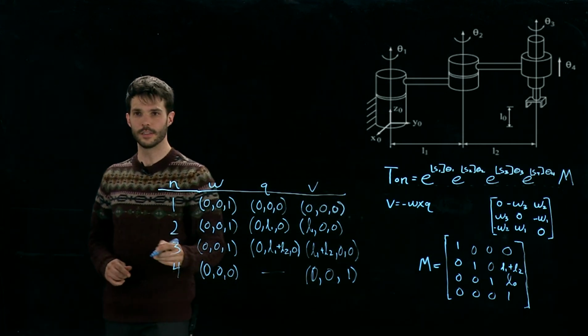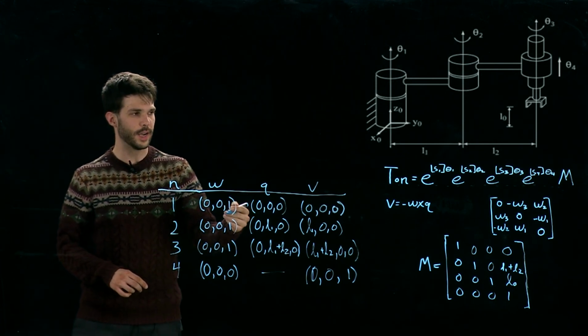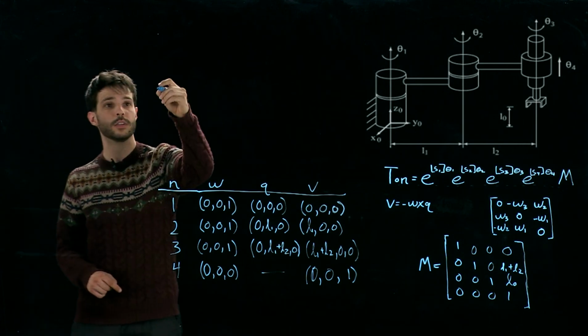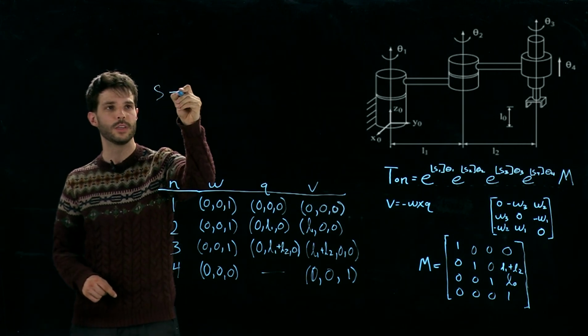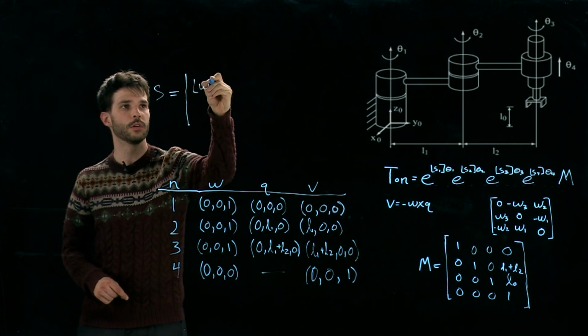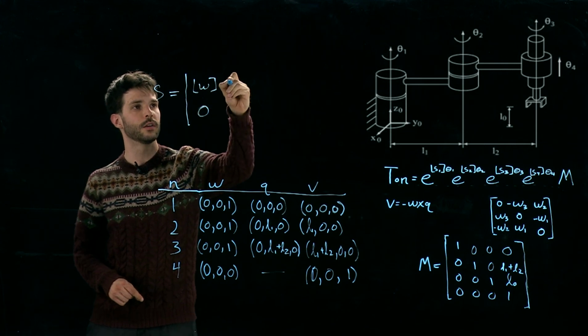And so finally, let's go over again what these values will mean in our exponential notation that makes up the product of exponentials formula. So again, S is defined to be the matrix with parameters omega and v.